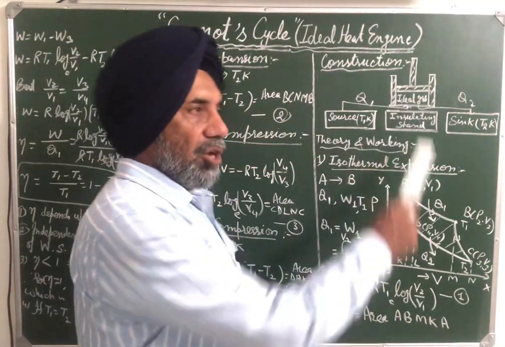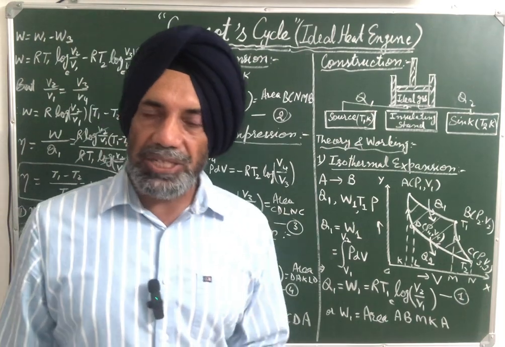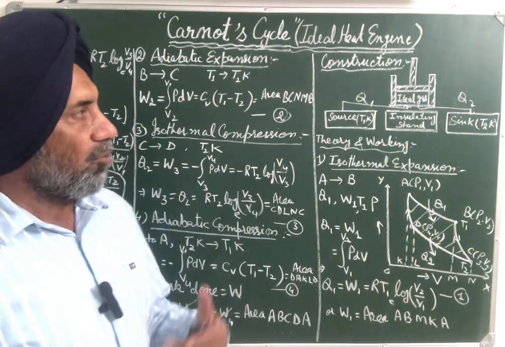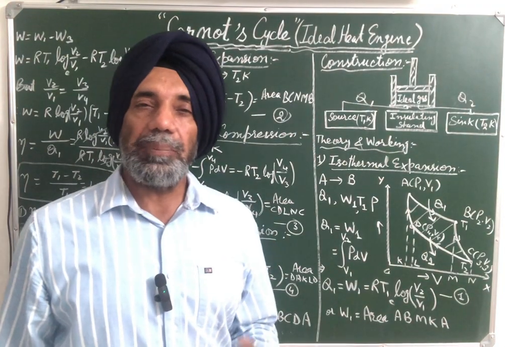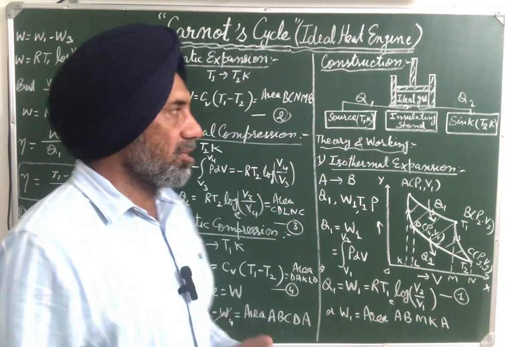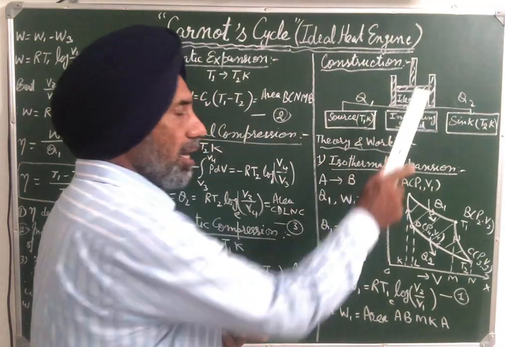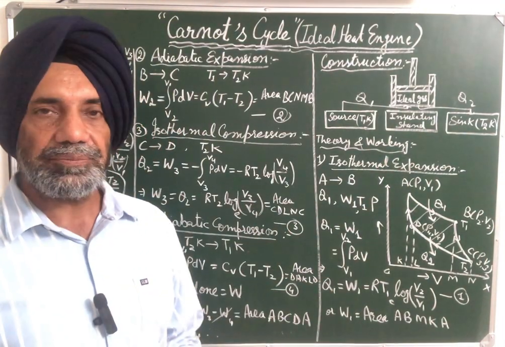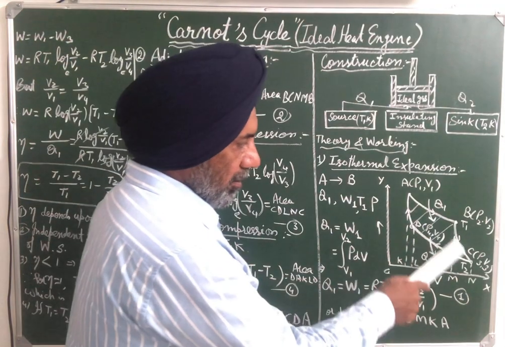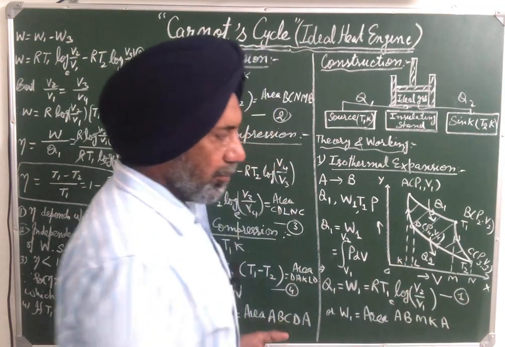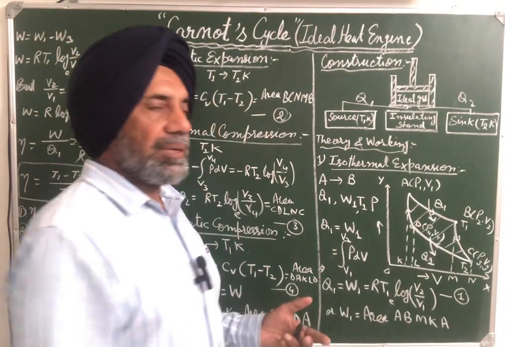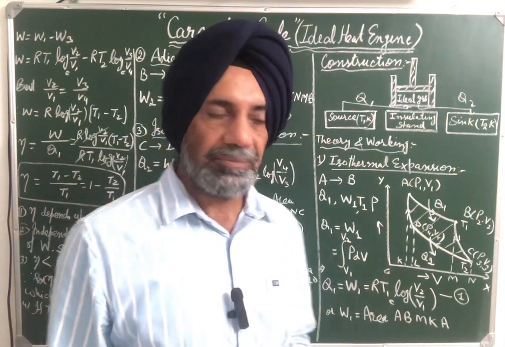Since it is a case of adiabatic expansion, when the gas expands further, volume increases, temperature falls, because it is thermally isolated from the surroundings. So this is a case of adiabatic expansion. Therefore, we get curve BC and temperature falls from T1 to T2.